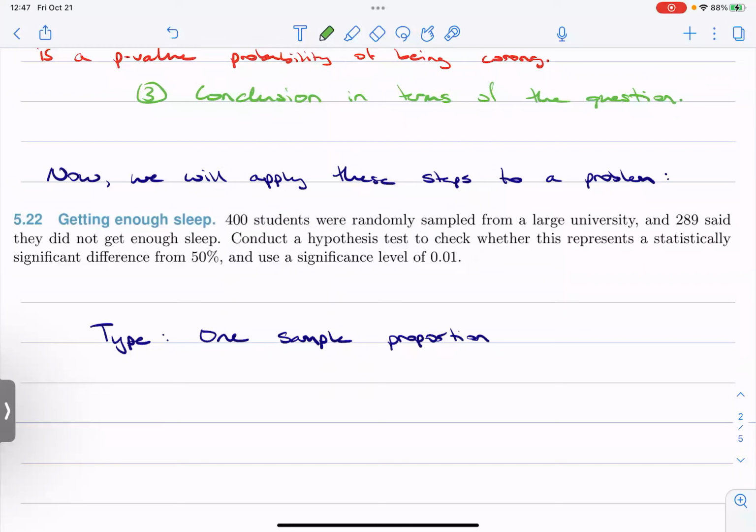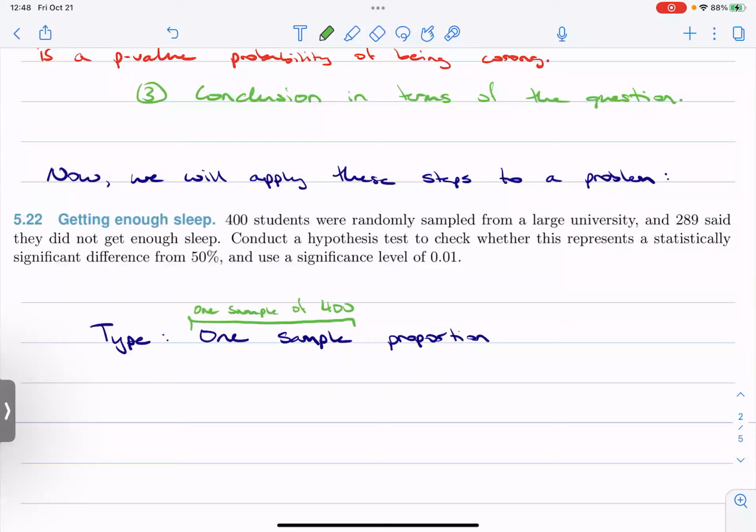Let's consider how many samples we looked at. There's only one sample of 400 students. And then some fraction of those say they don't get enough sleep. So the one sample comes from the one sample of 400.